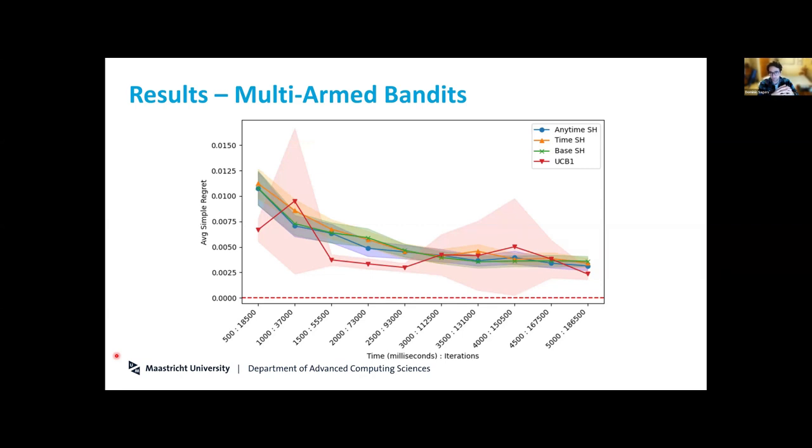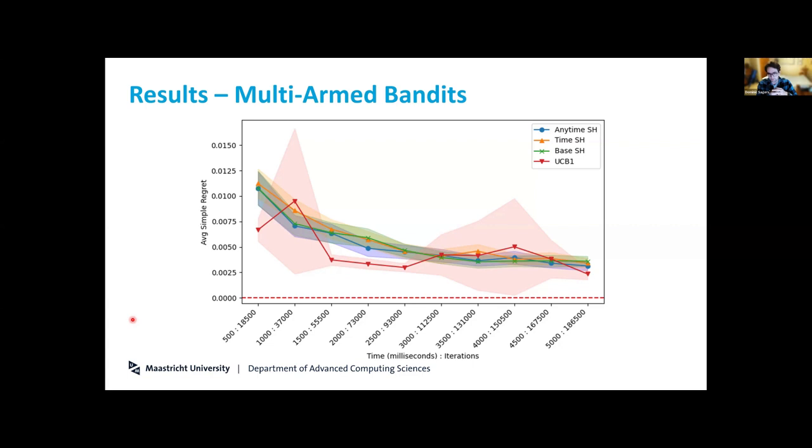Here's our performance. As you can see, anytime sequential halving versus a time-based sequential halving that we also created as an extension, and the original UCB1 algorithm and base sequential halving. Sequential halving, in general, all the sequential halving algorithms perform very consistently similar. And anytime is very competitive with the original sequential halving variants in this case.